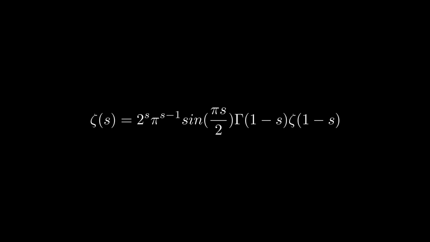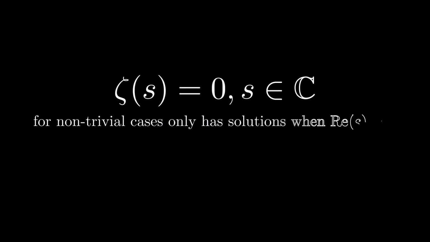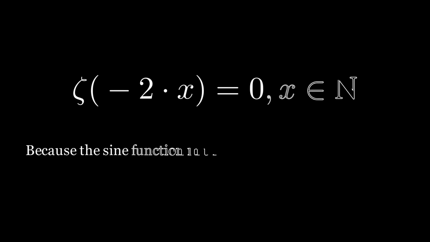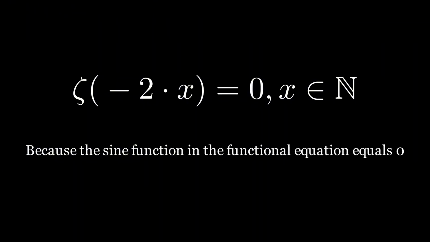Okay, so now that we've established what both of the forms are, let's try to understand the actual problem. We are trying to look for all of the special cases where zeta of s is equal to 0. There are an infinite number of trivial cases, and all these trivial cases follow the pattern of being a multiple of minus 2. This is because in the functional equation, the sine part will always be equal to 0. So what are the non-trivial cases?